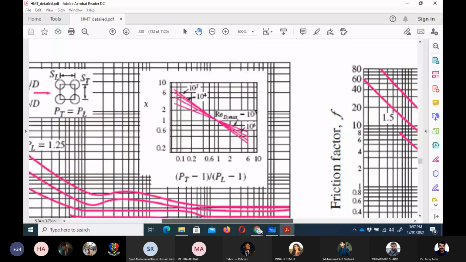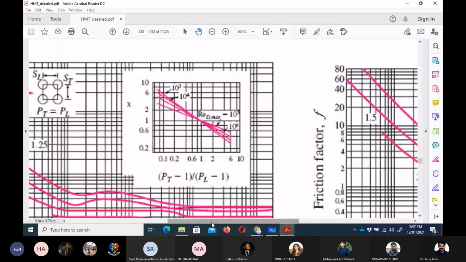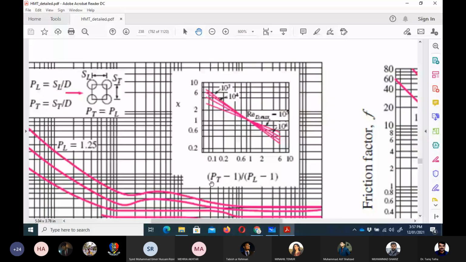On the x-axis we have PT minus 1 divided by PL minus 1. What is PT? That is ST upon D. What is PL? SL upon D. If we know the transverse and longitudinal pitch, we can always get this x-axis value, the ratio of these two. And then we have the Reynolds number.